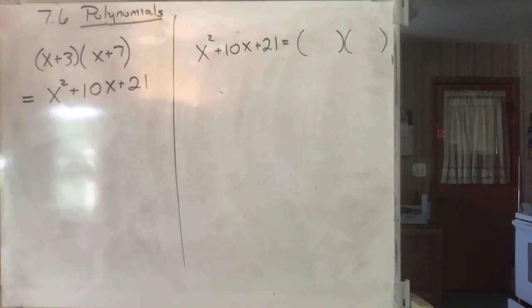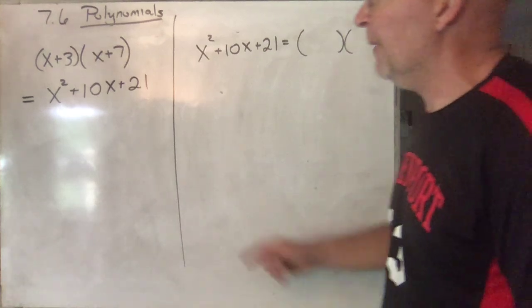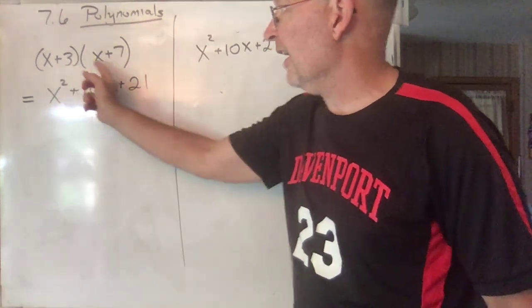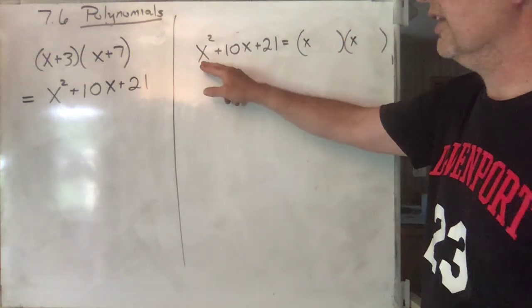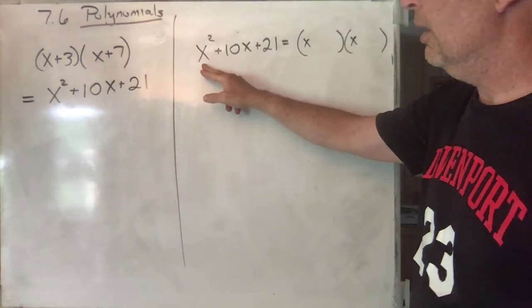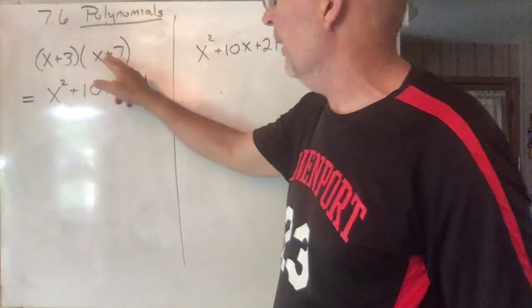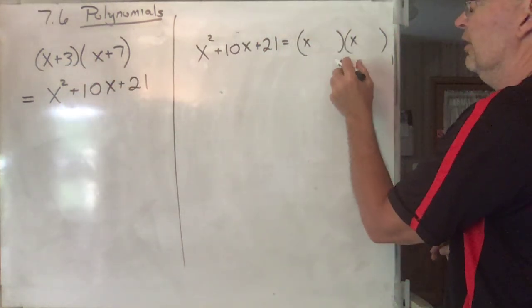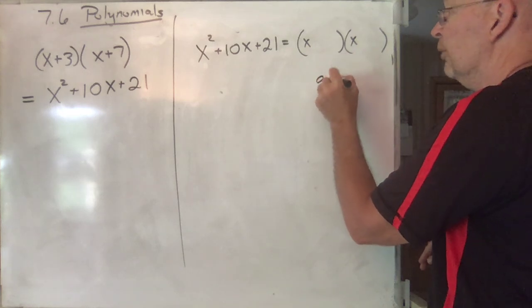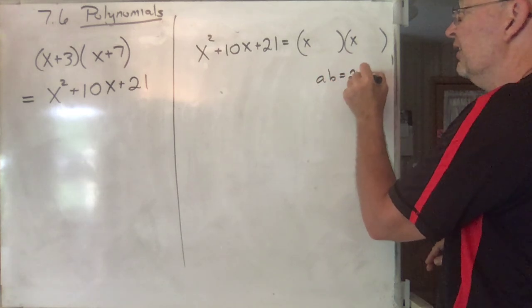Okay, how could we do it? Well, let's kind of think backwards. First of all, notice you want an x in both of these spots because x times x gives you x squared. See that? Also notice that 3 times 7 gives you 21. So you're going to want a couple things here which, whatever they are, have to multiply to 21.